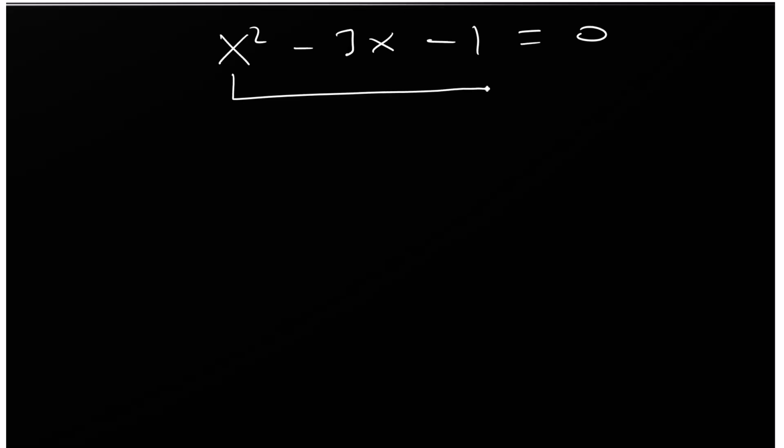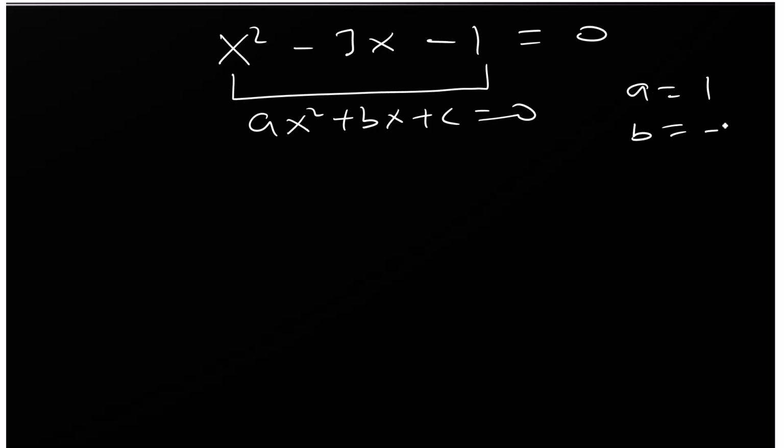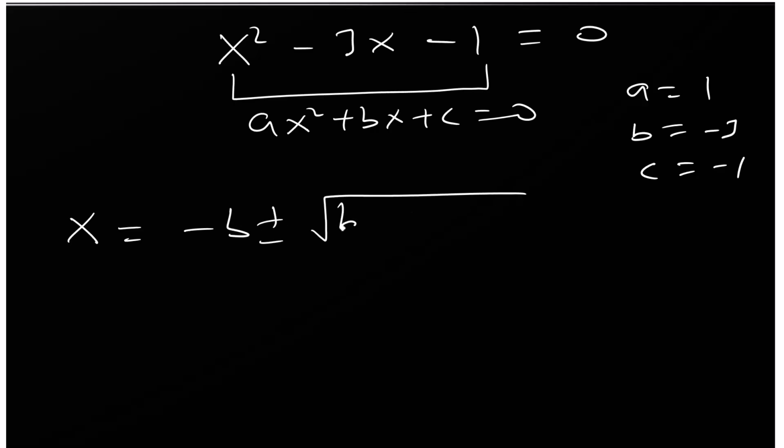So compare this one with the general quadratic equation. So a is 1, b is minus 3, c is minus 1. So from here, x will be minus b plus or minus the square root of b squared minus 4ac, over 2a.